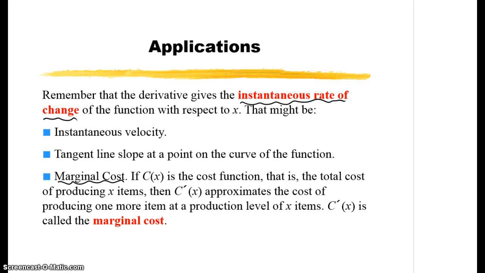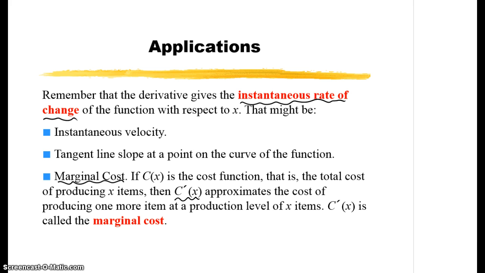If C of x is the cost function, that is the total cost of producing x items, then C prime of x approximates the cost of producing one more item at the production level of x items. Read that one more time. C prime of x, the derivative of the cost function C, approximates the cost of producing the next item, or one more item, at a production level of x items.